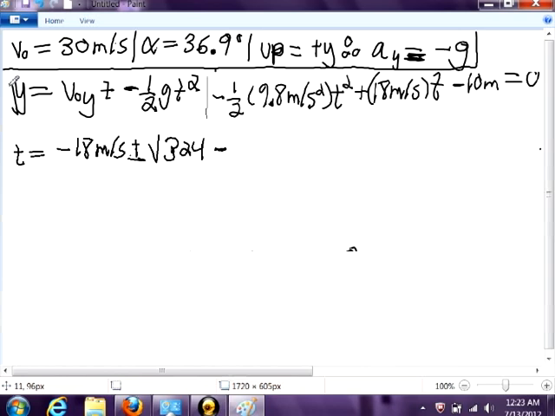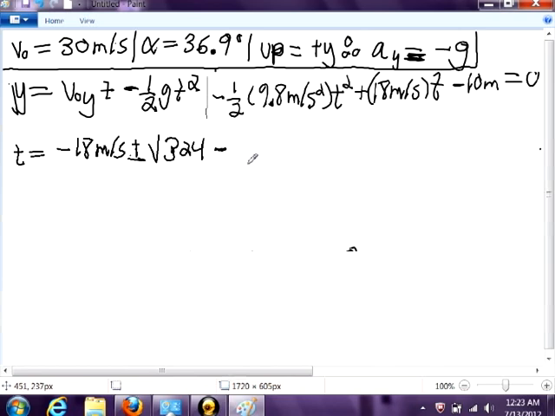First off, let's see the sign. We've got a negative here and a negative here. So this is A and this is C. Negative times negative is positive, and because it's negative 4AC, we're definitely going to have this negative sign here.